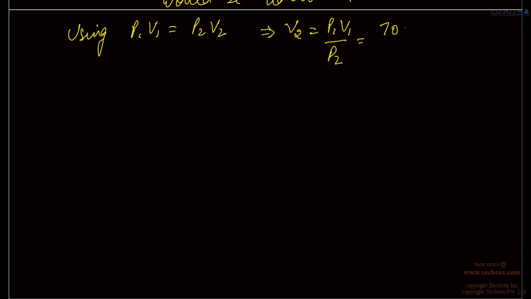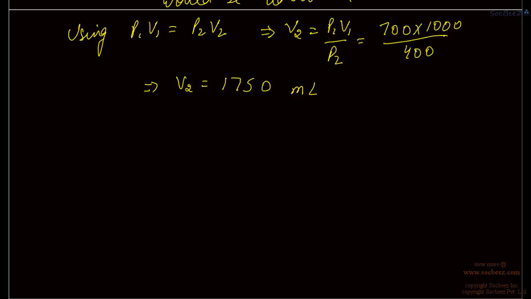So V2 comes out to be 700 into 1000 upon 400, since the pressure has fallen from 700 millimeter Hg to 400 millimeter Hg. So V2 is 1750 milliliter.